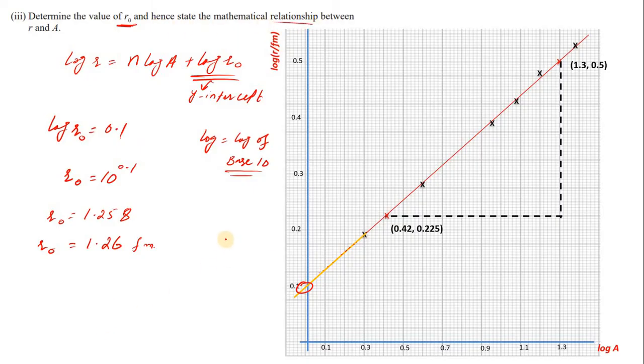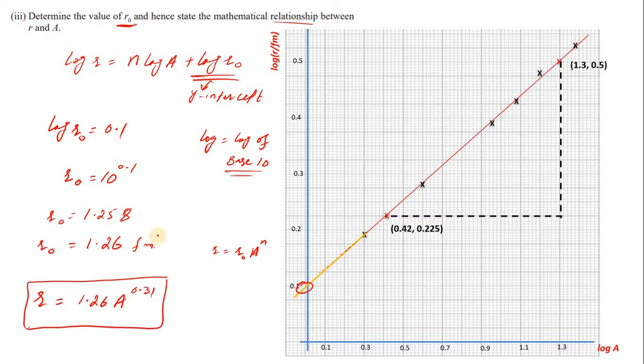So you know that the relation was given as r is equal to r naught A to the power n, the first equation. So the relation is r is equal to 1.26 A to the power n, and n is 0.31. This is the relation between r and A, and this is the value of r naught.